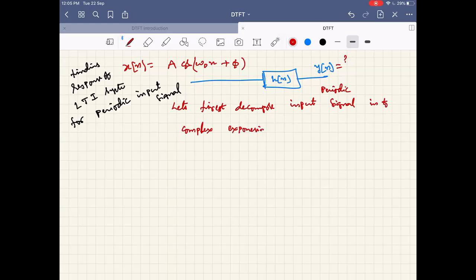Why are we decomposing into complex exponentials? Because they are eigenfunctions of LTI systems, and we want to use the eigenfunction property.